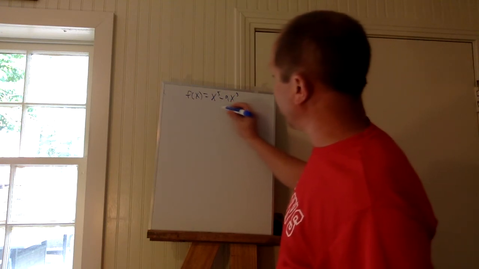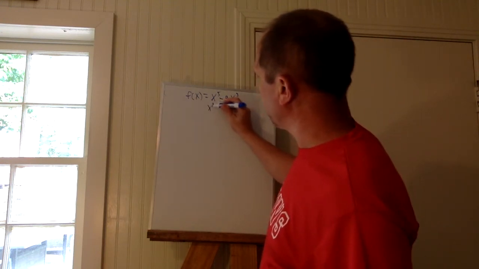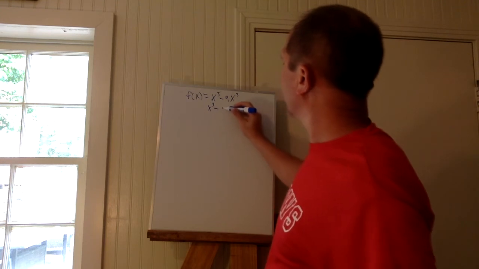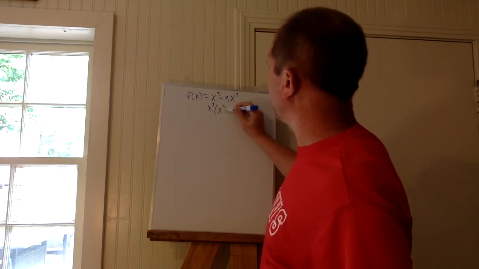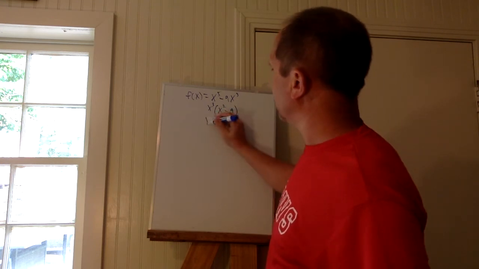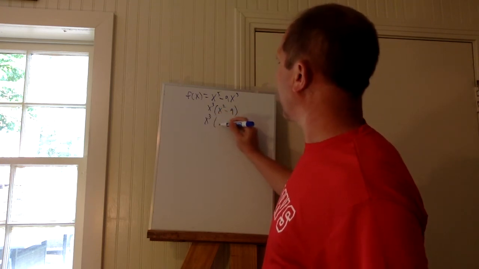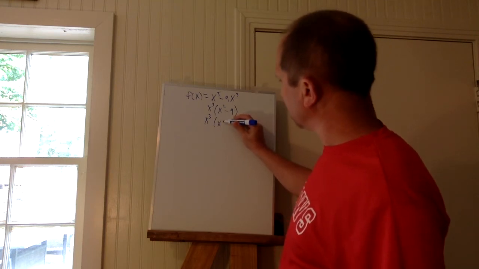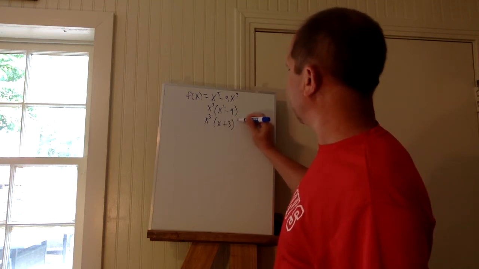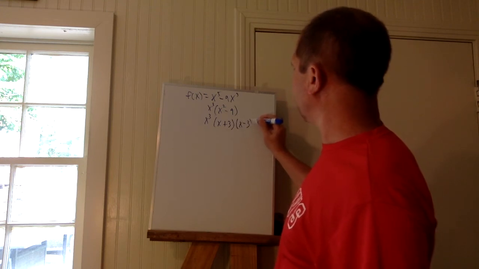So I'm going to factor out an x cubed. So it'll be x cubed times x squared minus 9. So we get x cubed times x plus 3 times x minus 3.